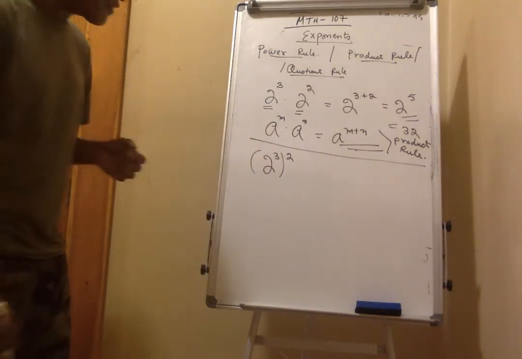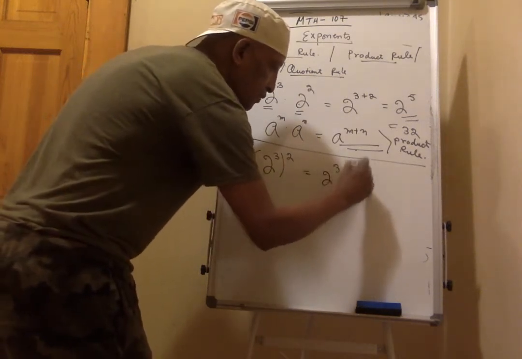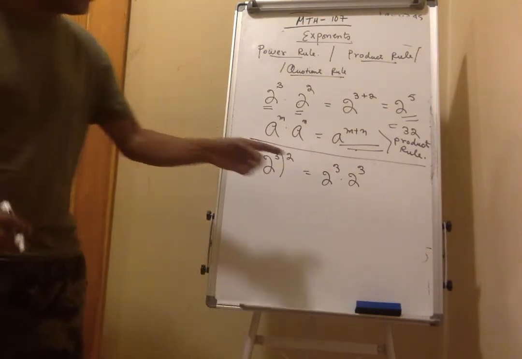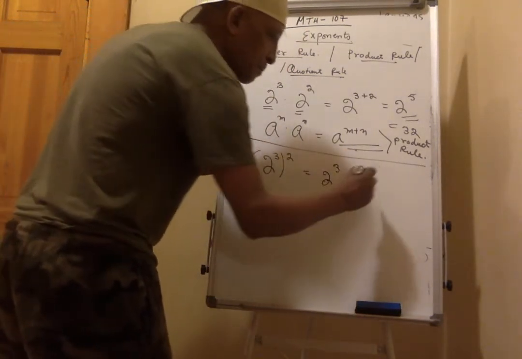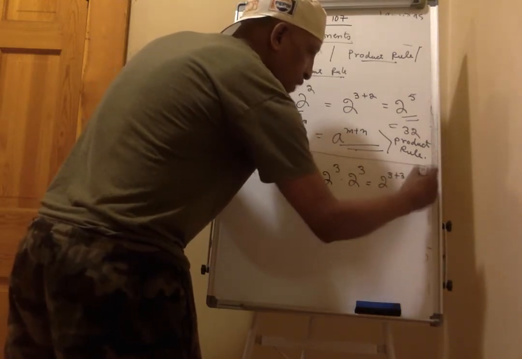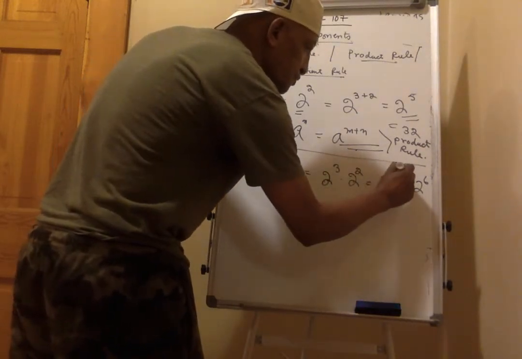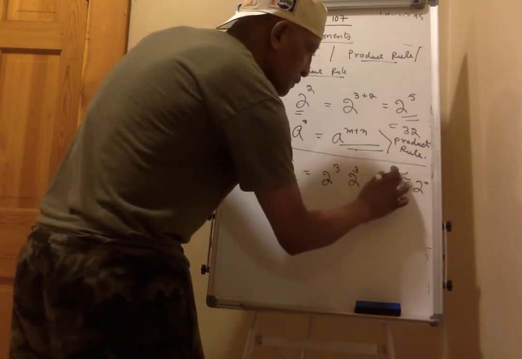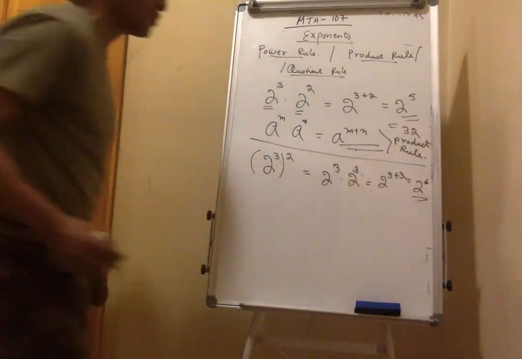What I'm doing is raising 2 to the power of 3 times 2 to the power of 3, because I'm raising it to the second power. And you know by the product rule, because I'm multiplying the same base, I'm adding the exponents, 3 plus 3, which is equal to 2 to the 6. You end up with 2 to the 6.